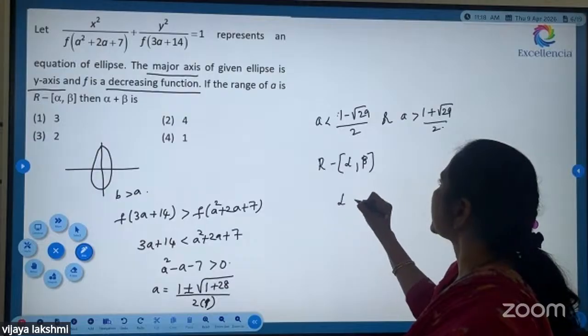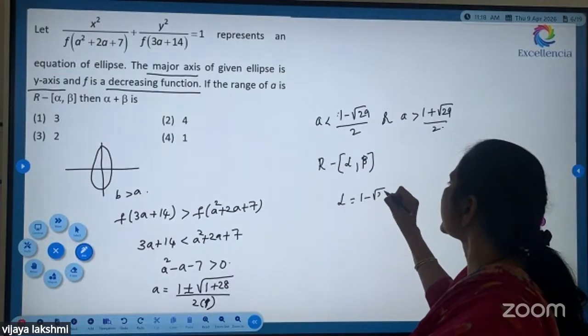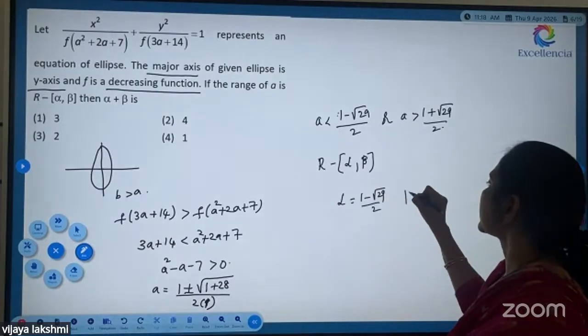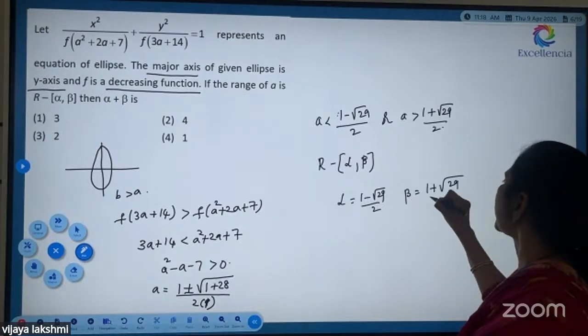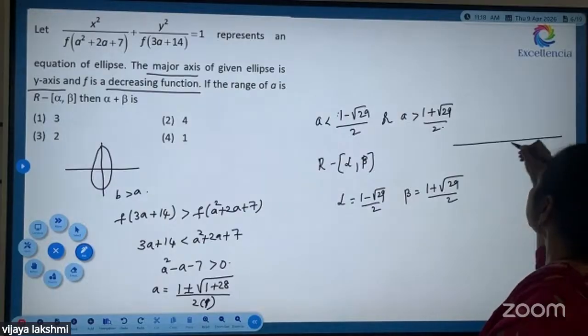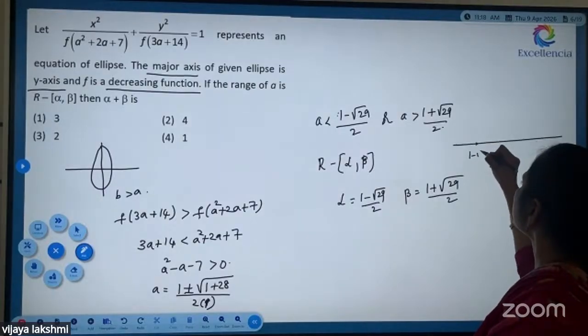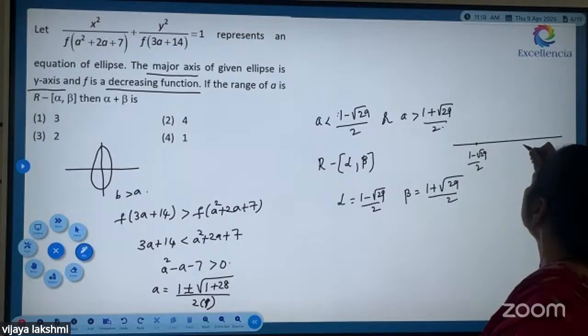Alpha is nothing but 1 minus root 29 by 2, and beta can be written as 1 plus root 29 by 2. If you mark it on the number line, this point is 1 minus root 29 by 2 and this point is 1 plus root 29 by 2.